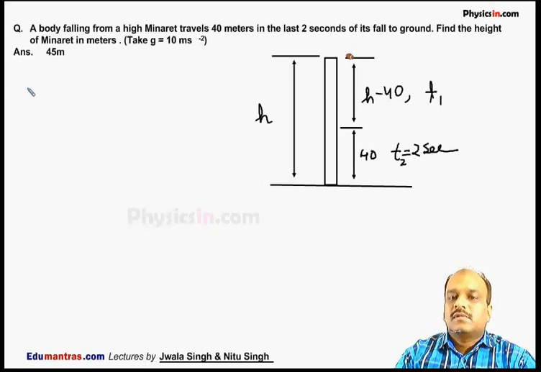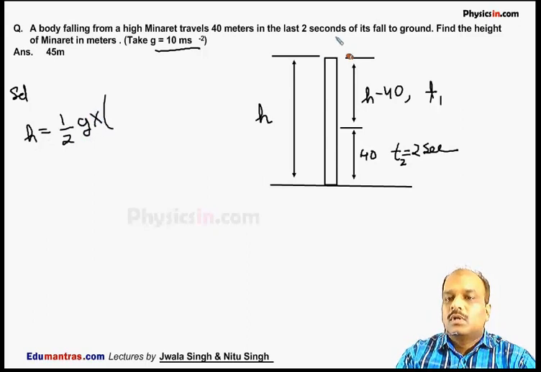Now we can say the acceleration due to gravity here is 10 meter per second square. So we can say h is equal to half g into the total time of fall, that is t1 plus 2 second square, because the initial velocity is 0, since the body is dropped with initial speed 0.